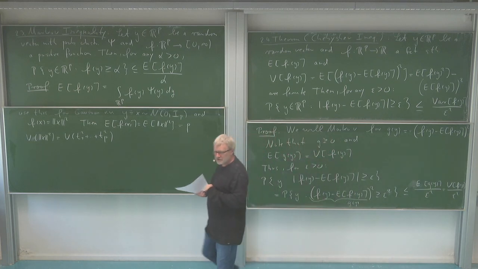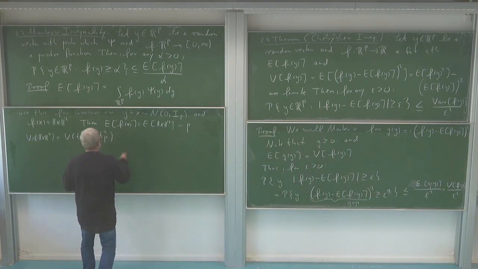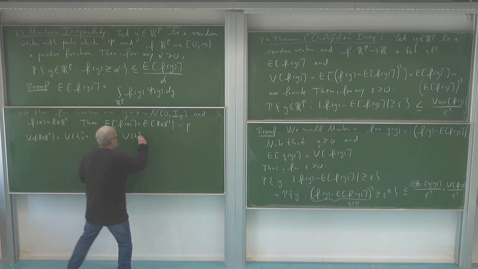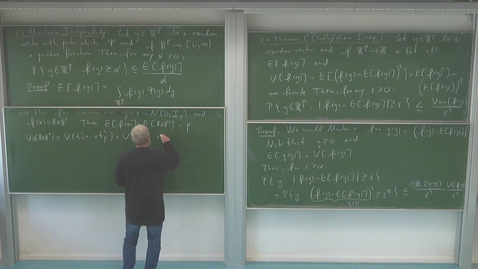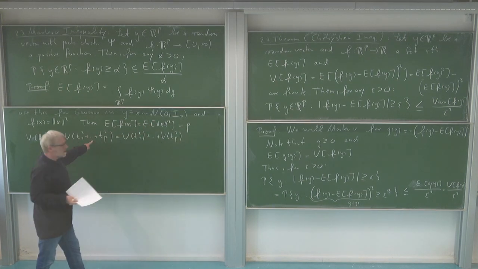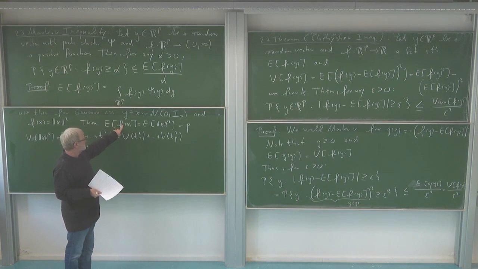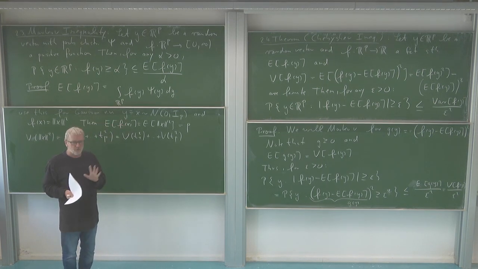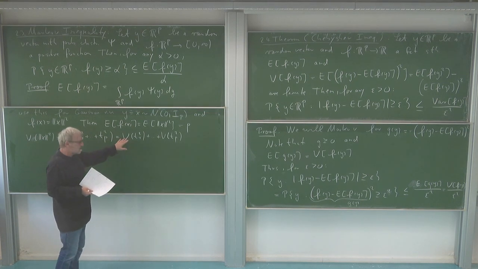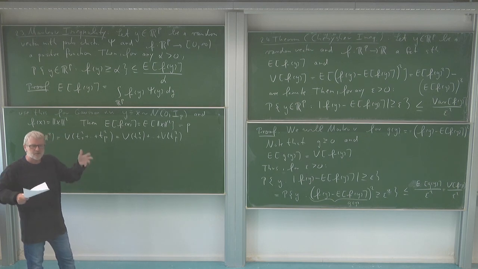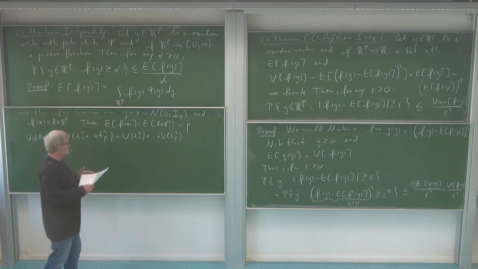But I hope this is something which everybody knows or at least believes. So the sum of the variances is the variance of t1 squared plus and so on, plus the variance of tp squared. And here I'm using independence. For the expectation I have not used independence. That was just linearity. Here I didn't use the fact that the components are independent. But here the variance is only linear if I have independent variables. So there I use at least a little bit of the special structure which I have for my Gaussian variables.